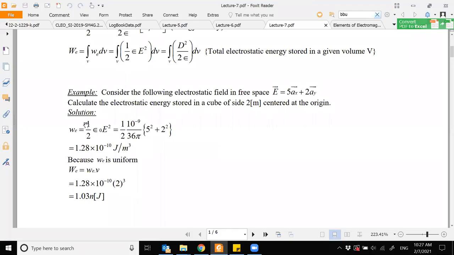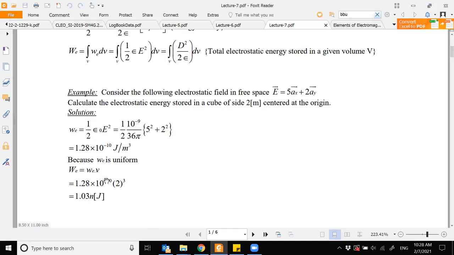So first, energy density. It is half epsilon E square. E square is nothing but the magnitude of this field squared. So square and square root cancel, and you get 5 square plus 2 square. And this is your energy density.